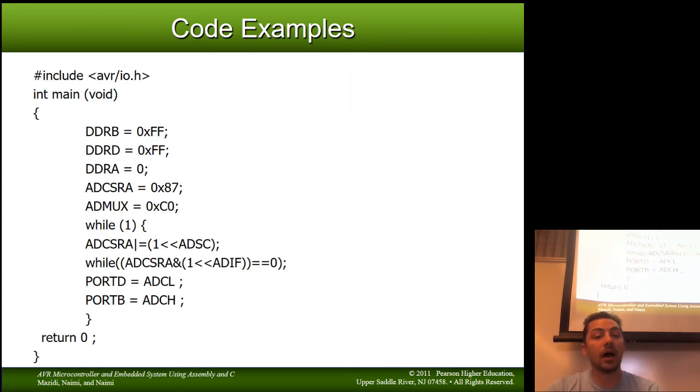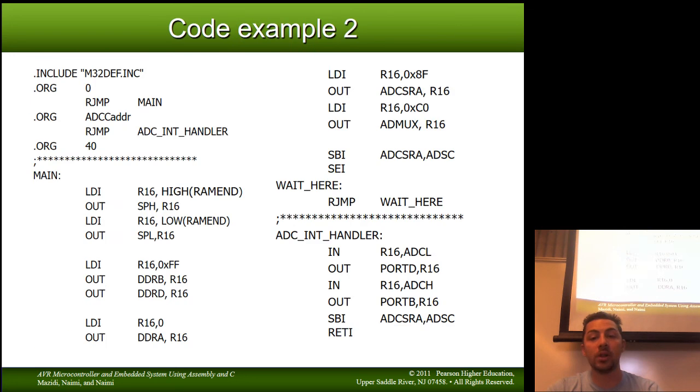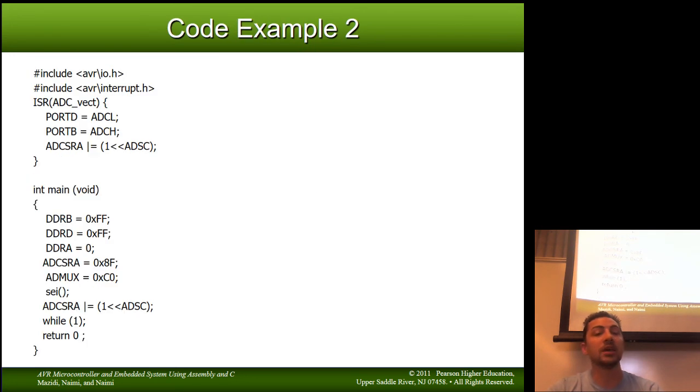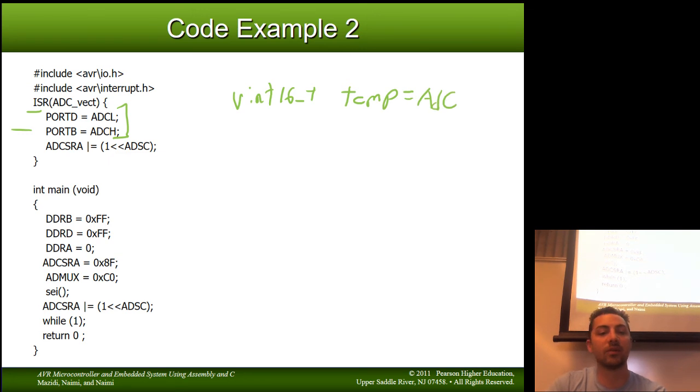Okay. At the end of this chapter, I have put in a few slides that are just code out of the book. And I'm going to skip the polling ones. I'm going to go right to the interrupt version. Okay, this version actually accesses both the ADC-L register and the ADC-H register because it's specifically splitting them up into two registers. I could have actually written this up as uint16_t temp equals ADC. That's the name of the register.